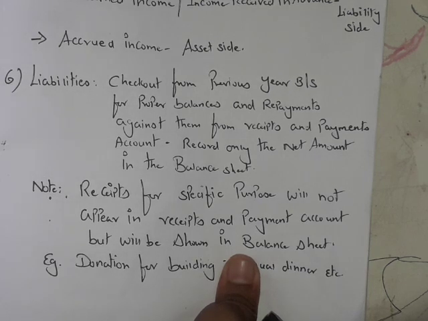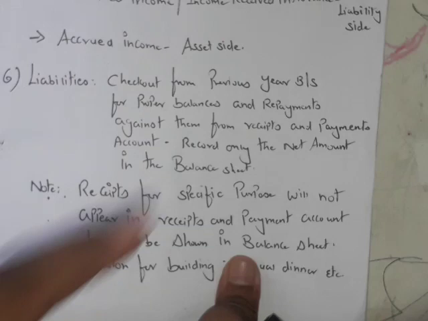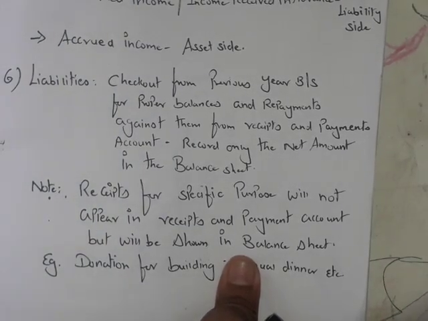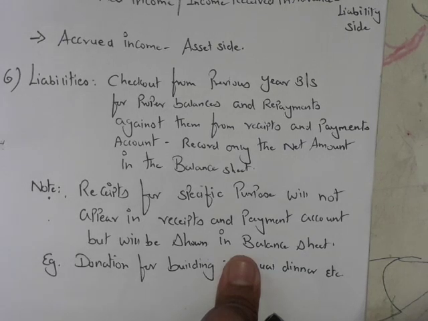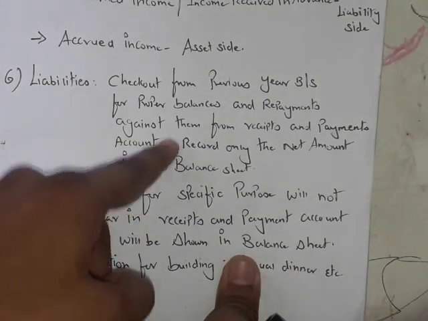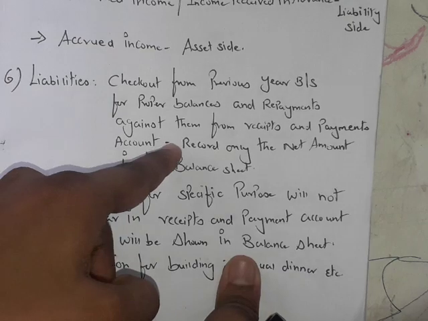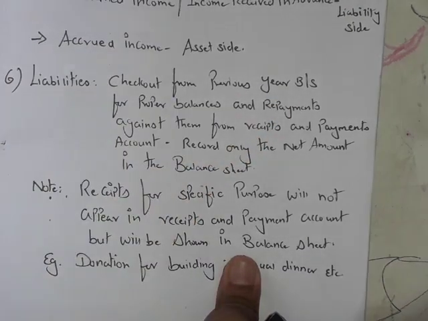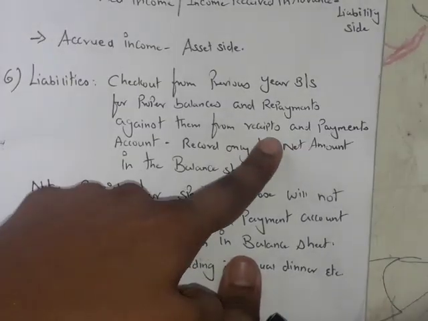If any payment has been done, then you need to eliminate the amount paid and show only the net amount in your balance sheet. And do remember, the amount whatever you have paid against the respective liabilities can be located from the receipts and payment account. It will be appearing on the payment side of your receipts and payment account.